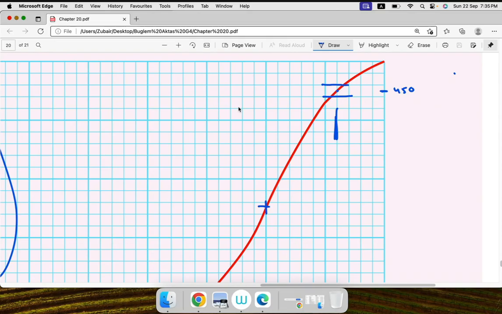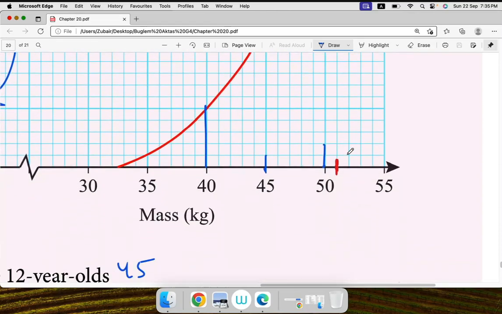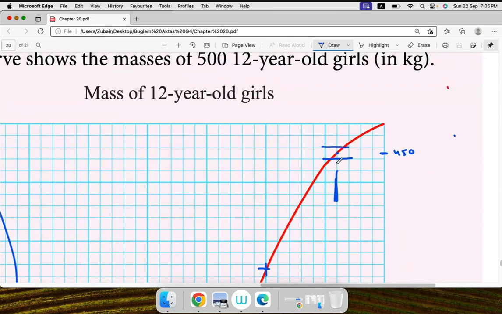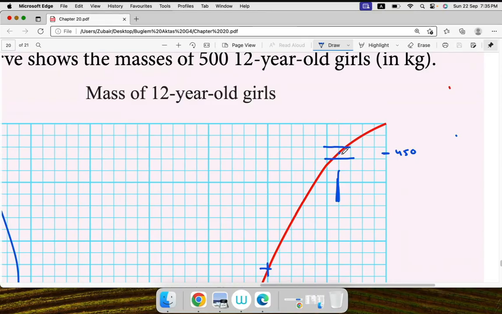No, I'm saying that the place where you put the 51, I think that's 52 for the x-axis. No, no, these are one box each. 51, 52, 53, 54, 55. That's one each. Okay. So at 51, when we come here and read this box, this is on the y-axis, this is 450.